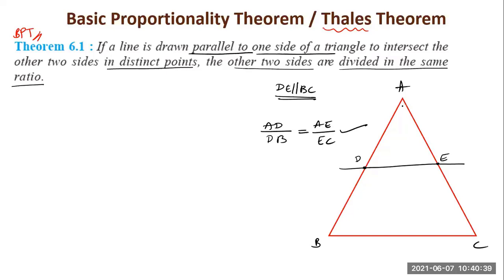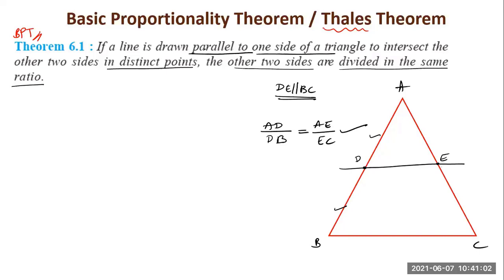So these sides are in the same ratio, or in proportion. The side AB is divided into two parts, AD and DB, and those two parts are in the same ratio as AE by EC. Are you clear?